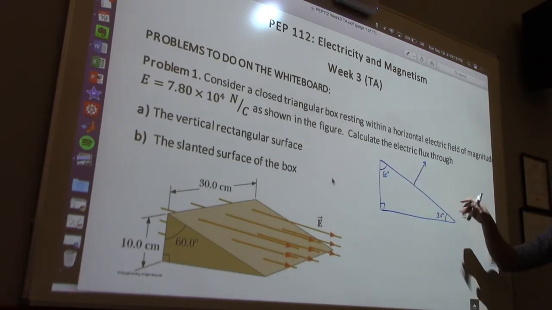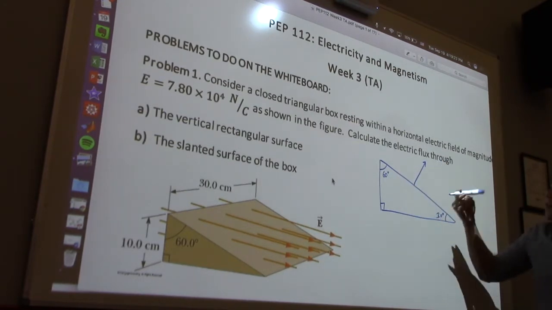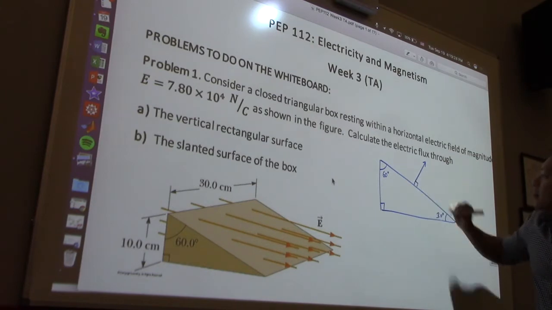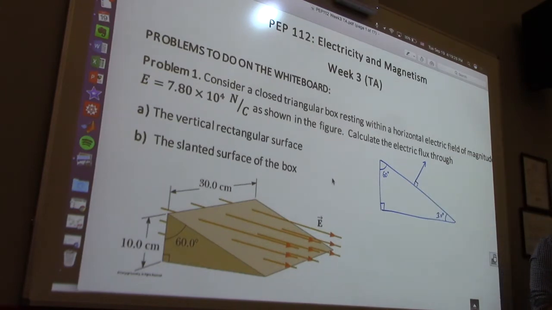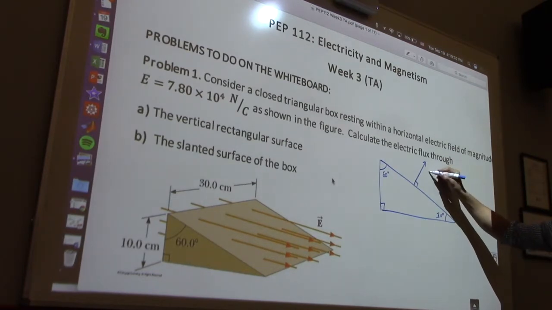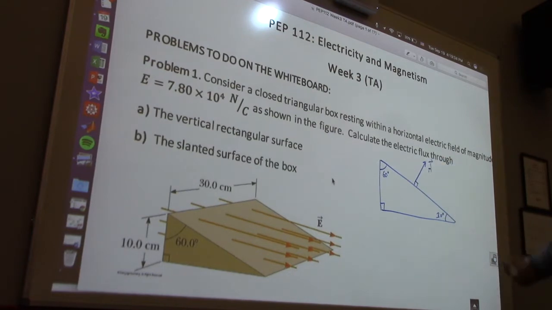Given that you have a surface, perpendicular to that surface, we draw a line. That is defined as the normal to the surface, the directional area vector, let's say. If you want to draw proportionally, the length of that vector will represent the magnitude of that area. Now, how do we calculate the magnitude, right?